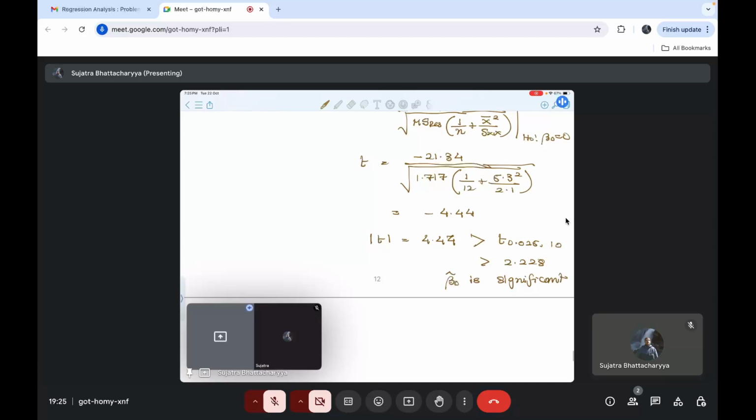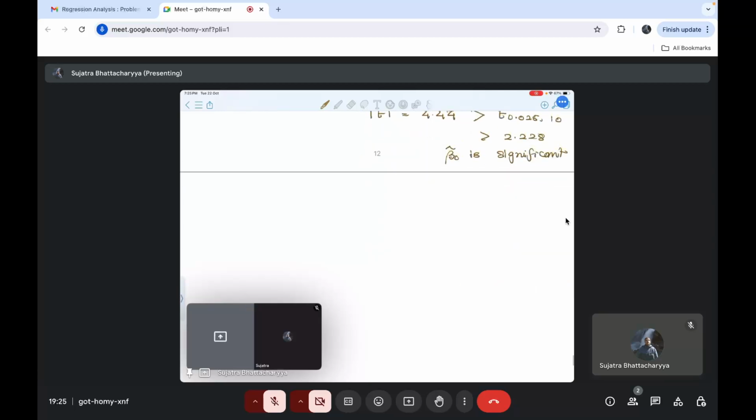Alright, so next, another thing is the coefficient of determination. Let's do it and then we will come back to the original question. So I am trying to cover as many concepts as related to the simple linear regression model, so that it's a good revision.